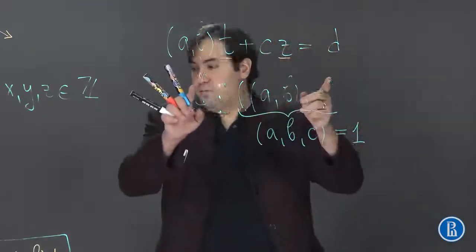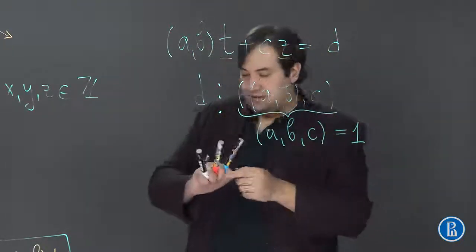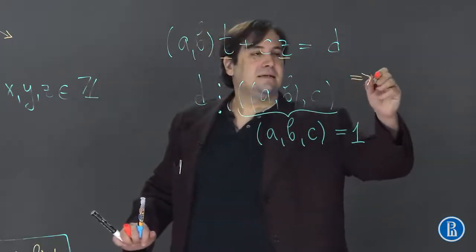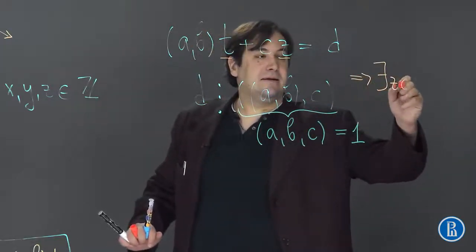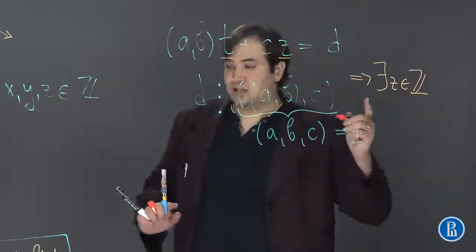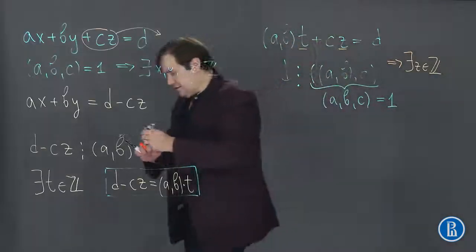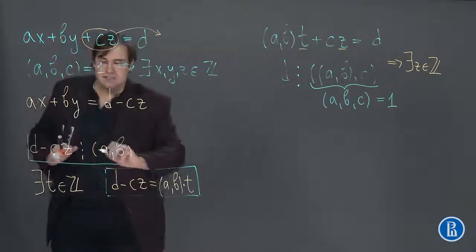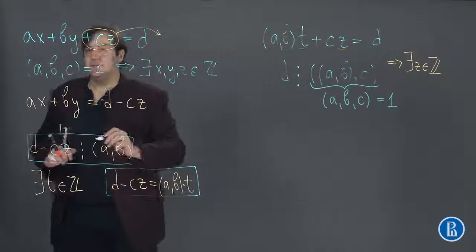Therefore, there exists an integer z such that d minus cz is divisible by the greatest common divisor of a and b.